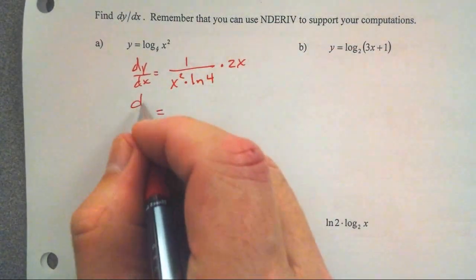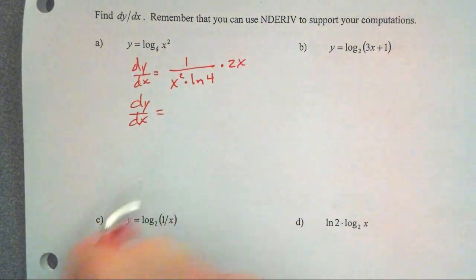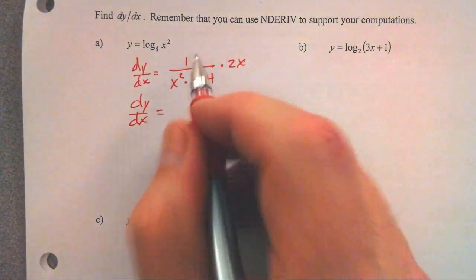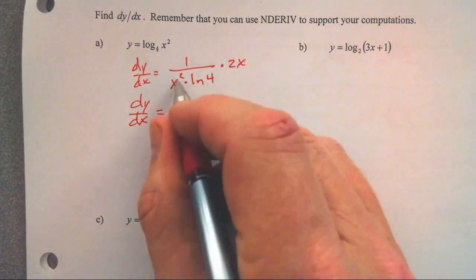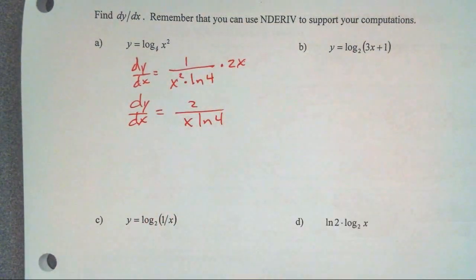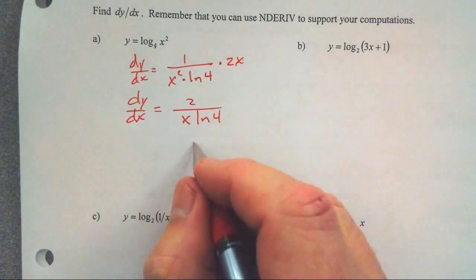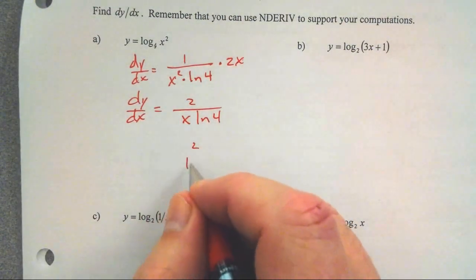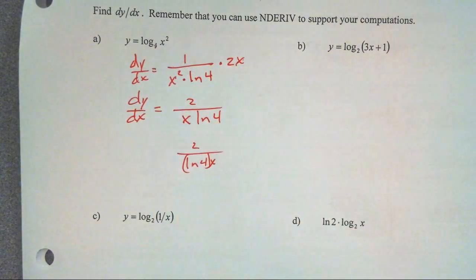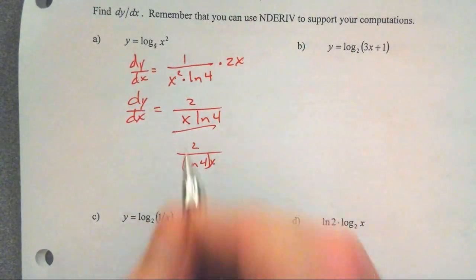So we get dy, finally we got some proper room here. x reduces, 2 does not reduce. x reduces this to a single x, ln 4. Do not make that ln 4x. Unless, if you're going to do it, then the best way to do it, if I got ln 4x, boy, that could be confusing. You better do something like that. Make it really clear. Better would be this.